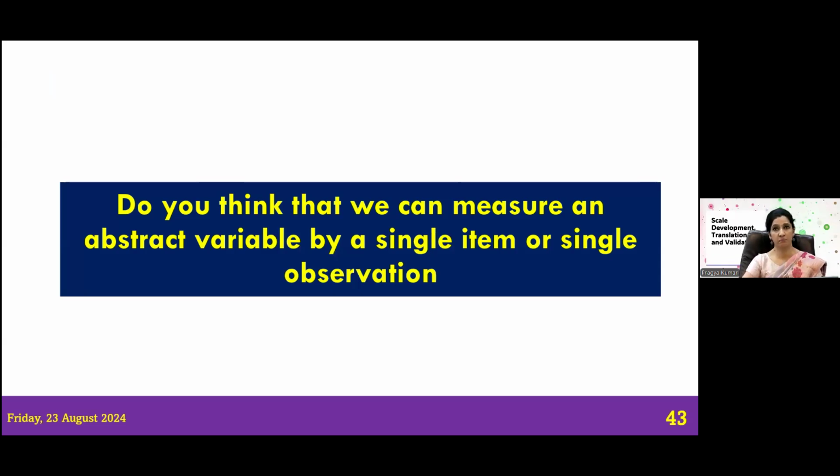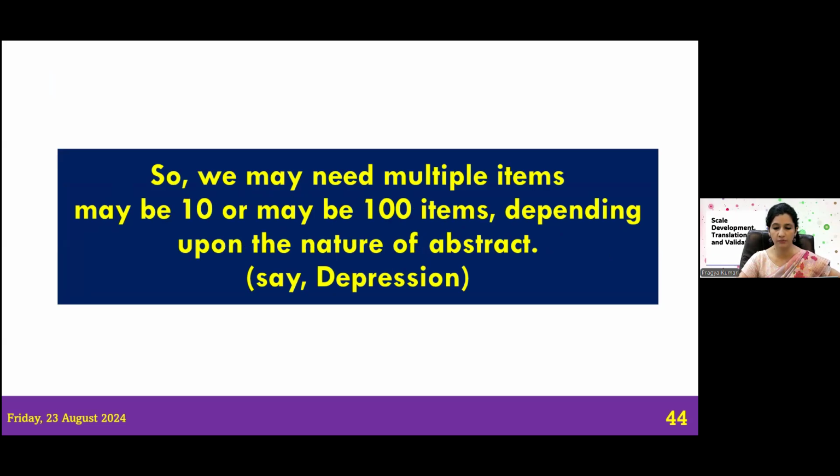So can you think of any other variable which we can measure by a single observation? Can you? No, it is not possible, because we need multiple variables or multiple items depending on the nature of the abstract concept or the construct. Like the initial WHOQOL had 100 questions, and now it got briefed, and WHOQOL-BREF has 26 questions.